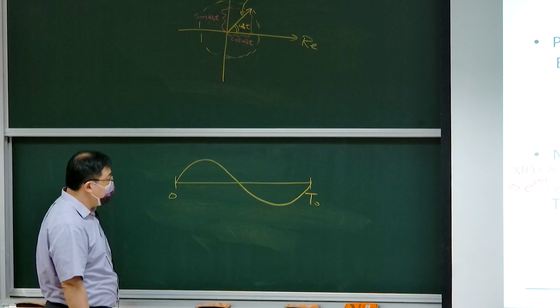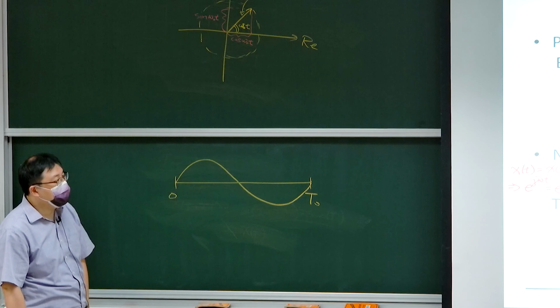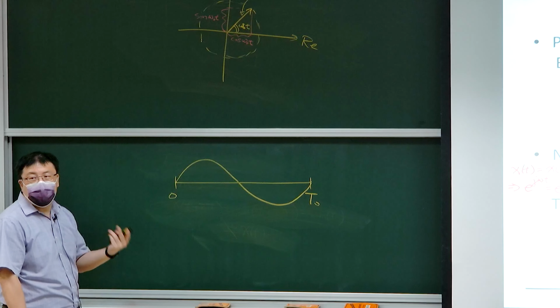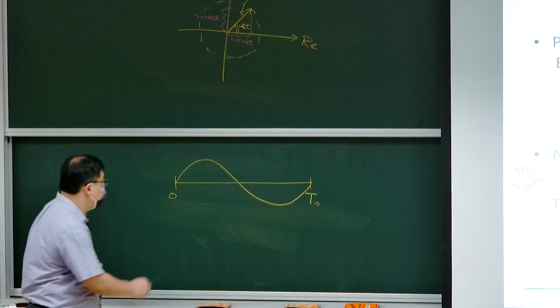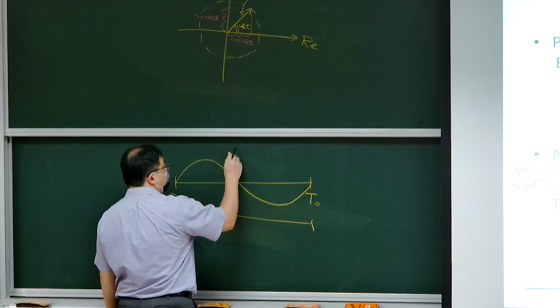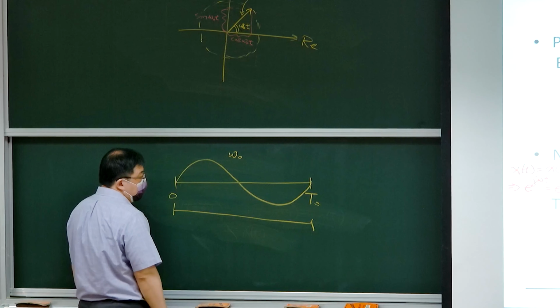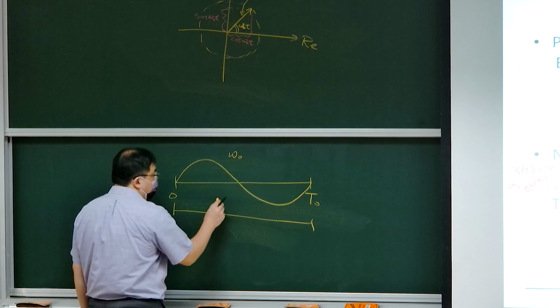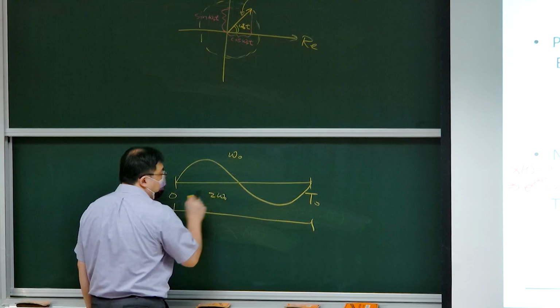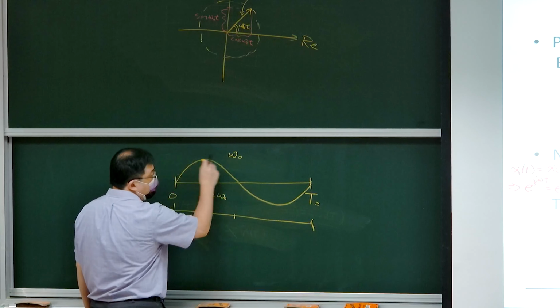Now, if I increase the frequency by 2 times, so here my frequency is omega naught, suppose I choose a frequency of 2 times omega naught, then I should have 2 cycles within T naught.